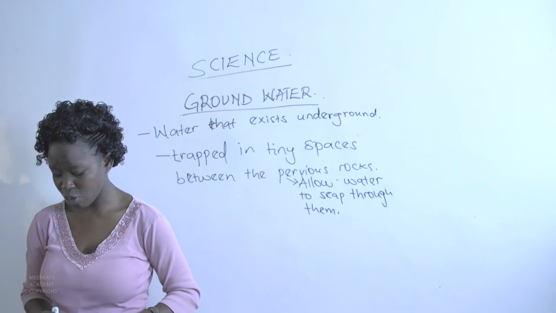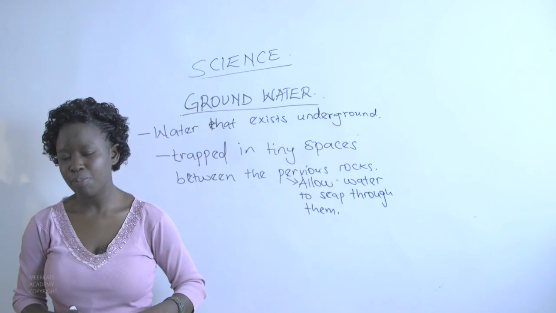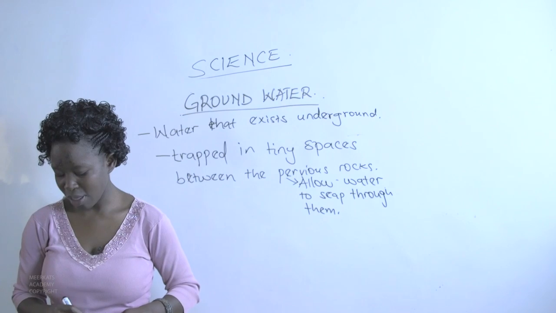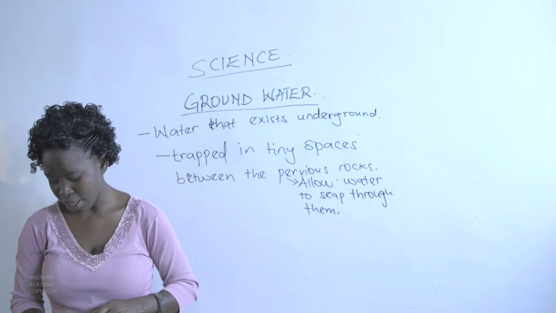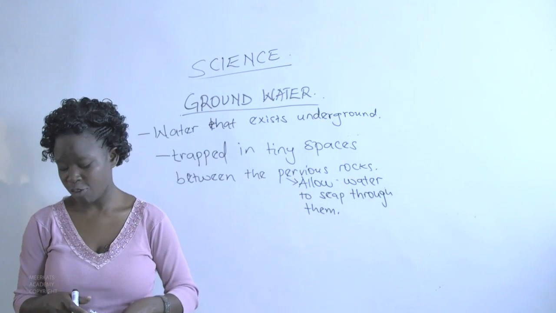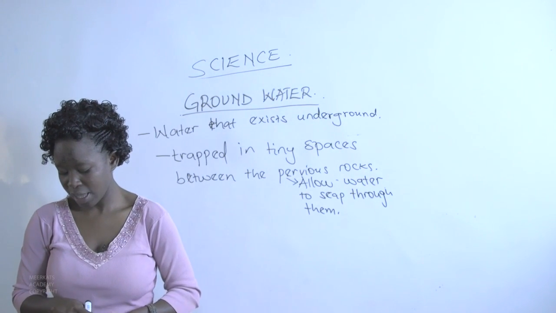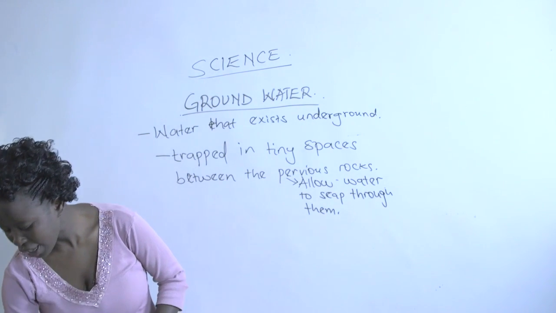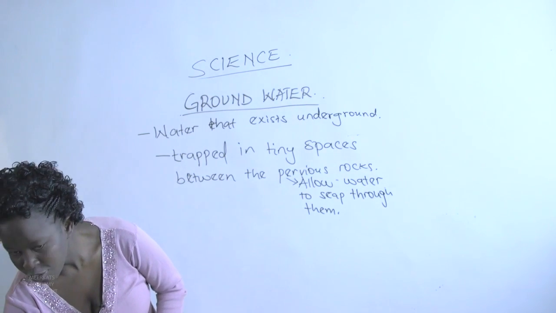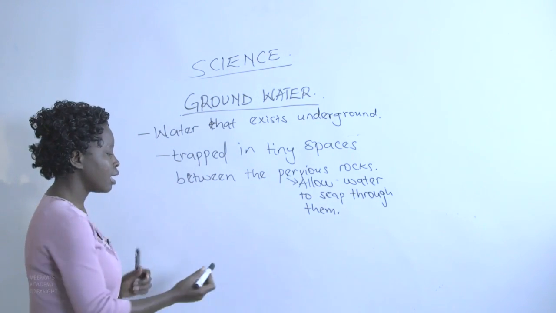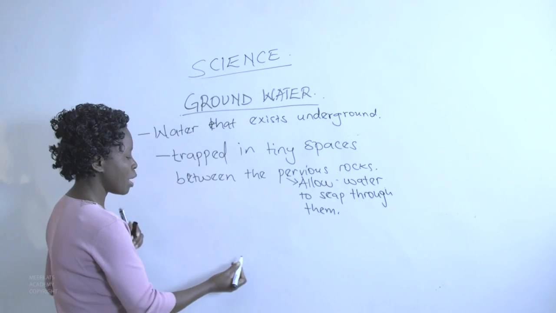So since it allows water to seep through it, it will percolate. The water will percolate through the rock, and once it percolates through the rock, then it will move into the lower layers of the rock.